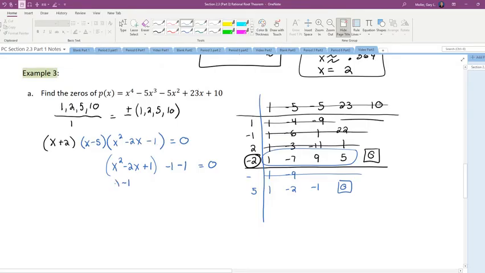So now this factors into x minus 1 squared minus 2 equals 0. Add the 2 to both sides. Take the square root. I was really misbehaving here.